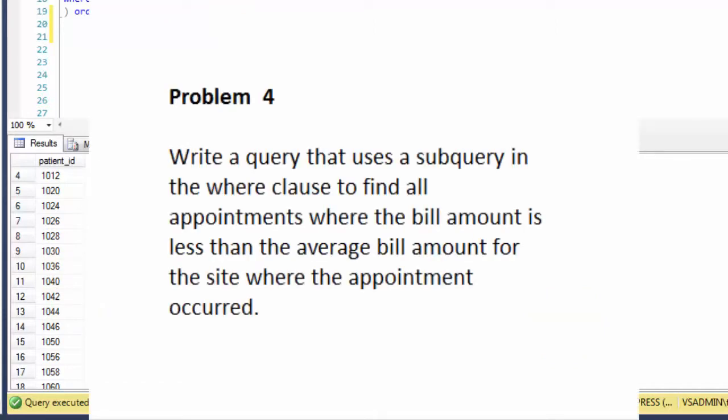Problem 4. Write a query that uses a subquery and the where clause to find all appointments where the bill amount is less than the average bill amount for the site where the appointment occurred.